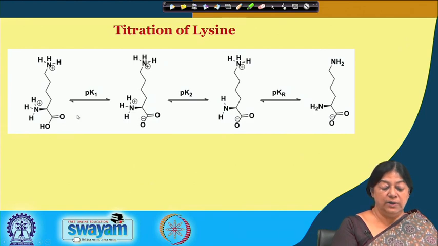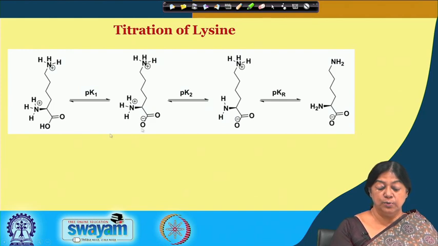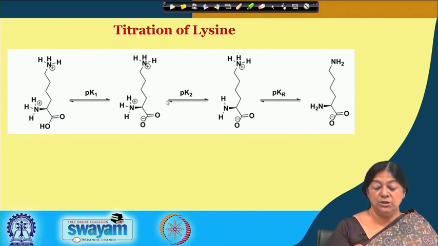The pK1 we know corresponds to the loss of the proton of the carboxylic acid group. So, we have a COO minus. The charge here now is +1. The loss of pK2, we remember, is going to be the amino group attached to the alpha carbon. So, this renders this NH3 plus to NH2. The charge now is 0.